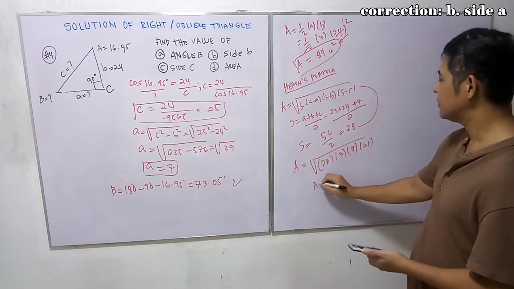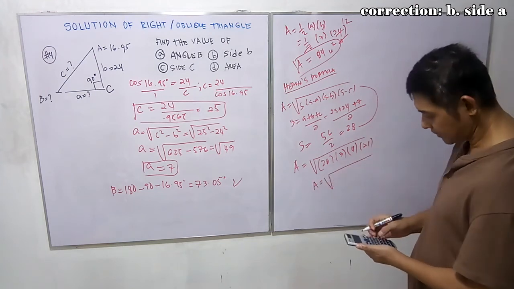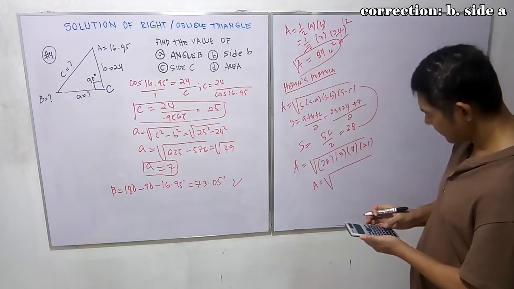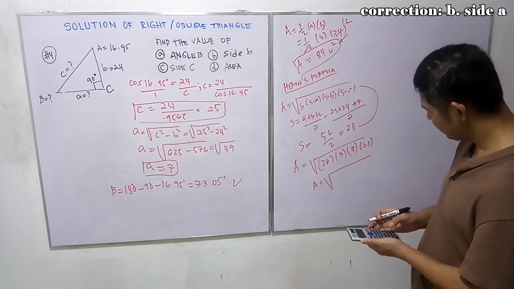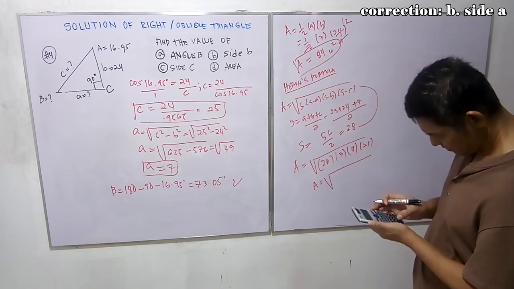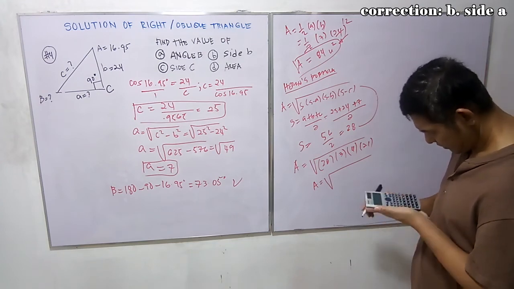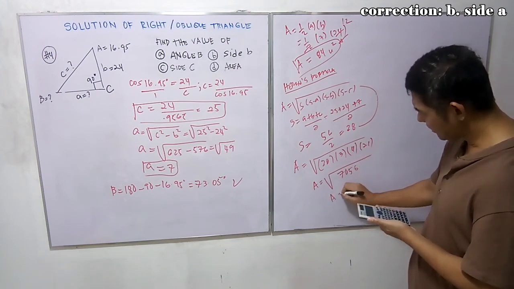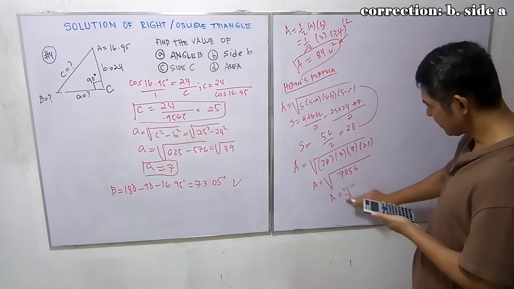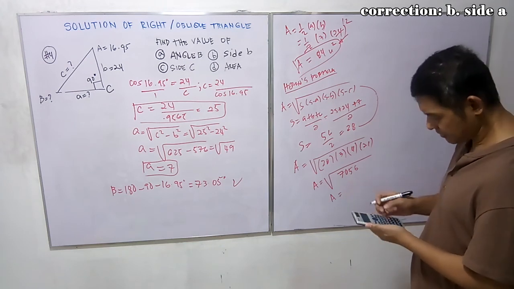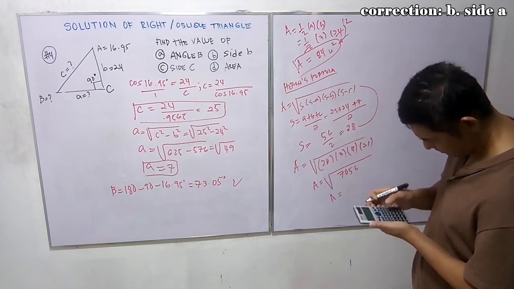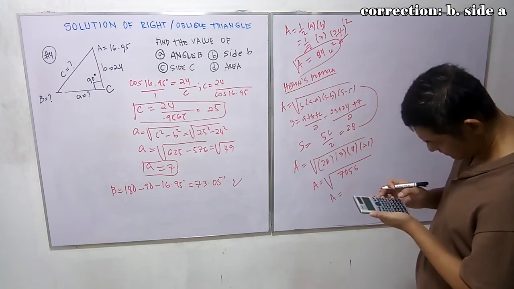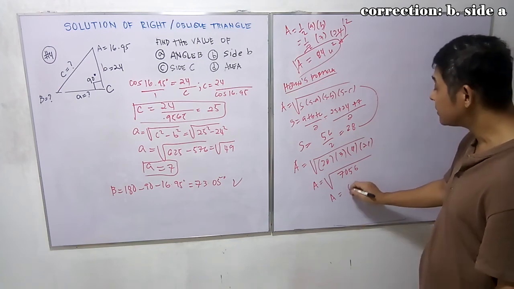Okay, area equals square root of 28 times 3 times 4 times 21, that is 7,056. Therefore, area equals square root of 7,056, tama, 84 square units.